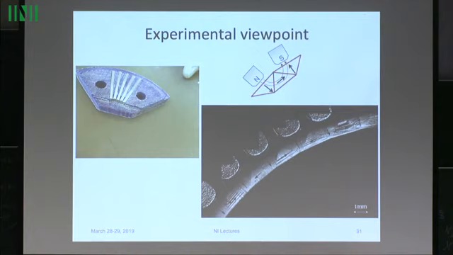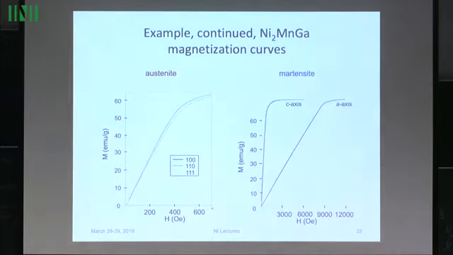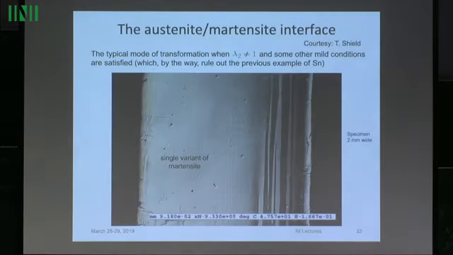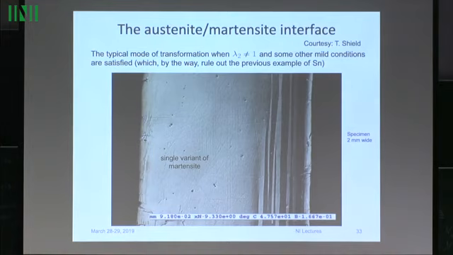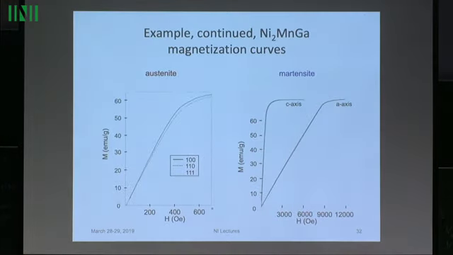This is quite a hard material, but hard magnetically. So you could maybe have an effect, but it wouldn't be so strong. It would be difficult. You can see that the saturation magnetization of the austenite and the martensite are not so different. So this one is around 60 something, and this is maybe 70, 80. That's so close that it would require very large fields to field induce the transformation.